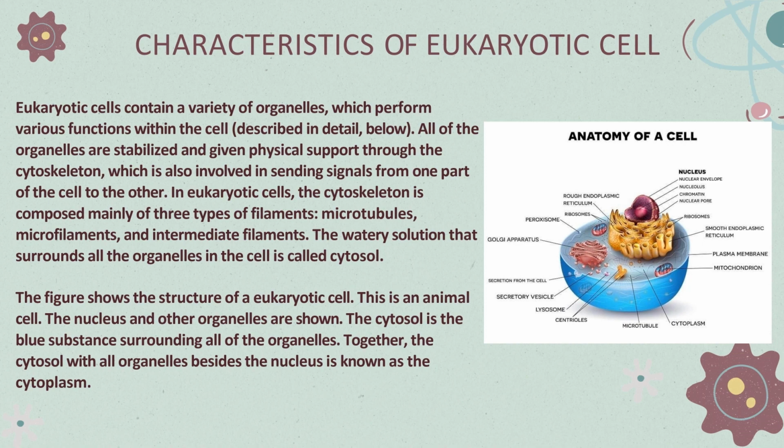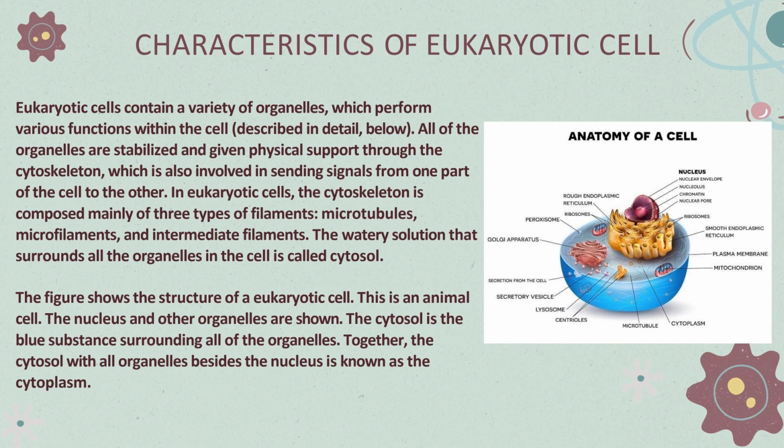The eukaryotic cell has a cytoskeleton, which is composed mainly of three filaments. These are the microtubules, microfilaments, and intermediate filaments. The watery solution that surrounds all the organelles in the cell is called cytosol.